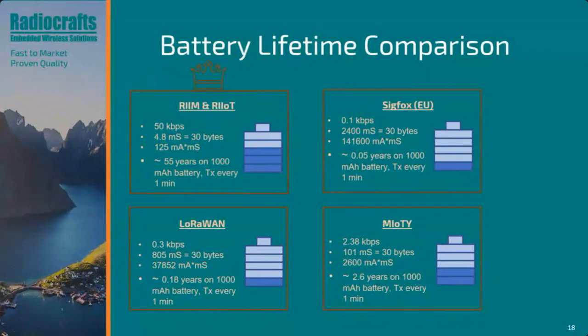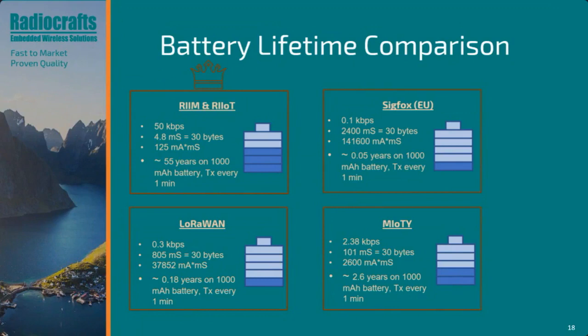We have, for example, RIIM and RIIT. They use 50 kilobit per second, which means they take 4.8 milliseconds to send 30 bytes. And this 125 milliamp times millisecond is if you assume that there are no acknowledgements, and this is only for the TX current. Sleep current is not calculated, to avoid thinking about how much the device sleeps, because it's different between different technologies.